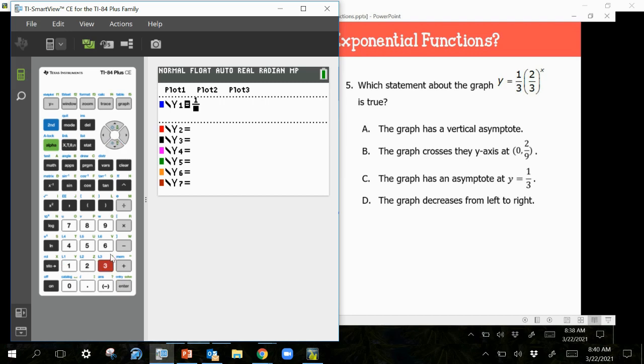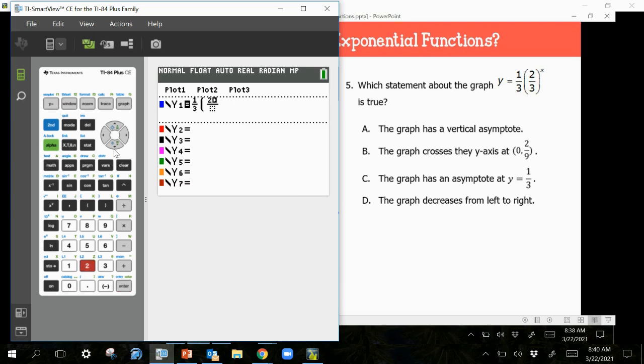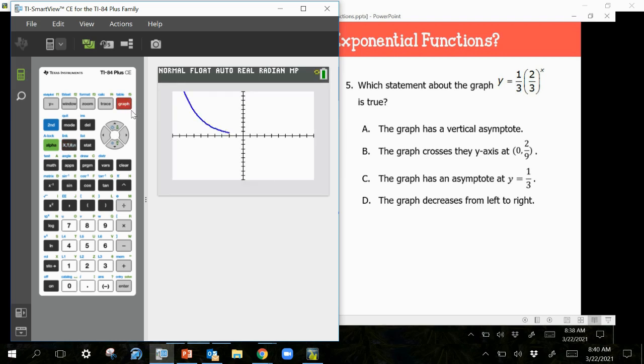So I'll do 1/3, parenthesis, alpha y equals, enter, 2/3, raised to the x. Then I'll press graph. All right, on my notes, I'm going to sketch what this looks like so if I need to look back at my notes, I know what it looked like.